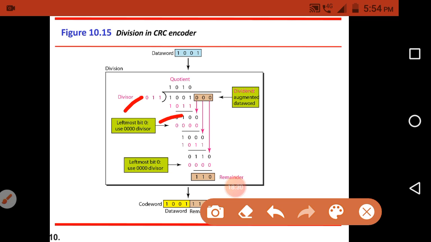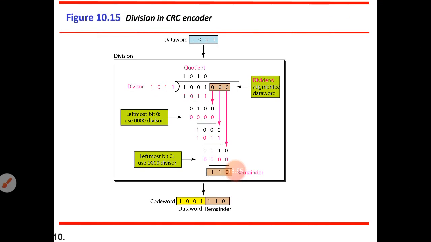We need to use all zeros as the divisor. That's why we have taken the divisor as all 0. How do we take it? We need to multiply this 1011 with the 0, and we will get the divisor as 0.